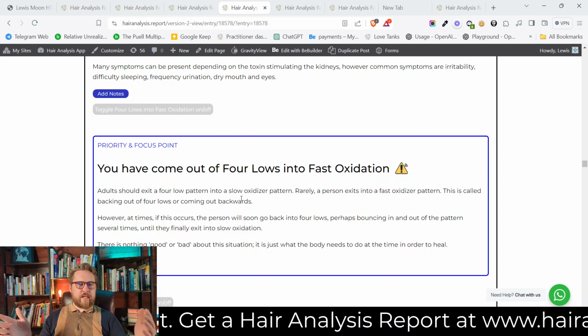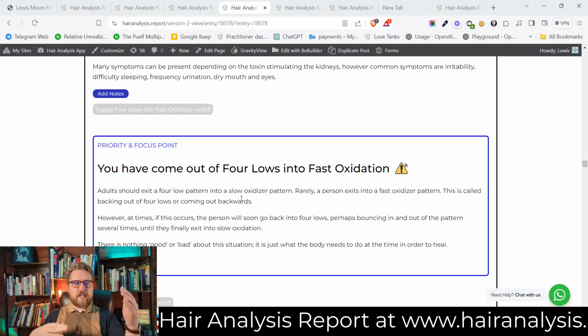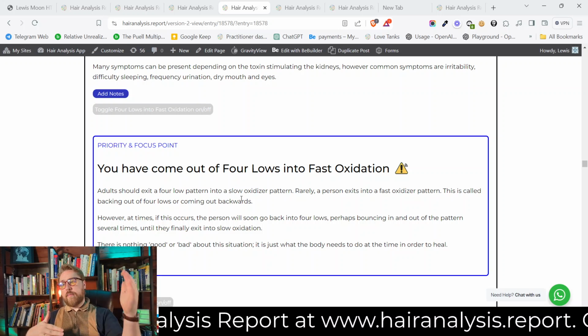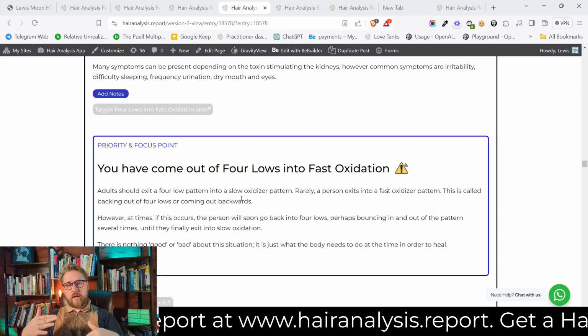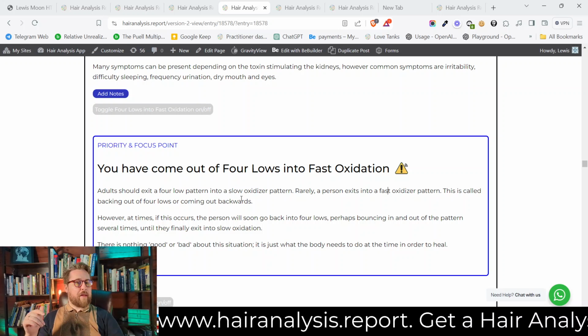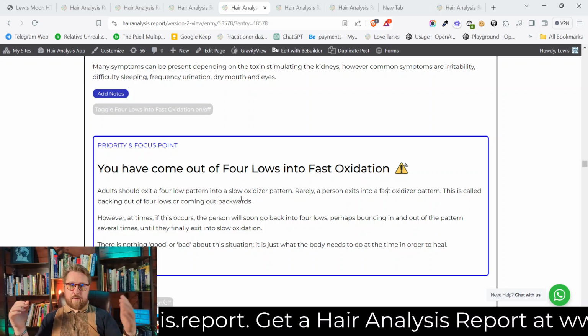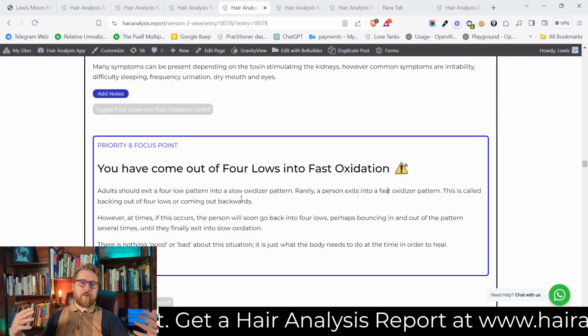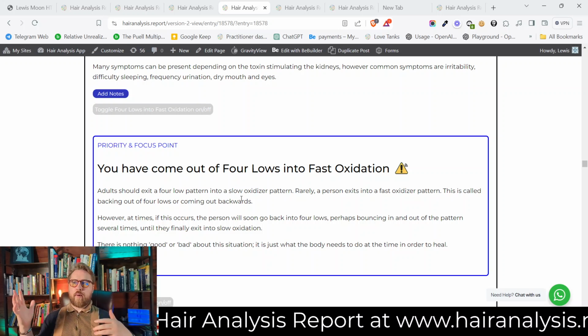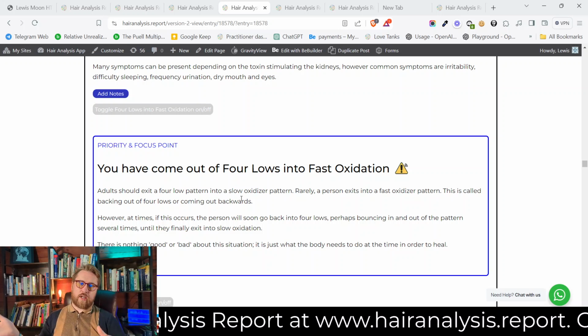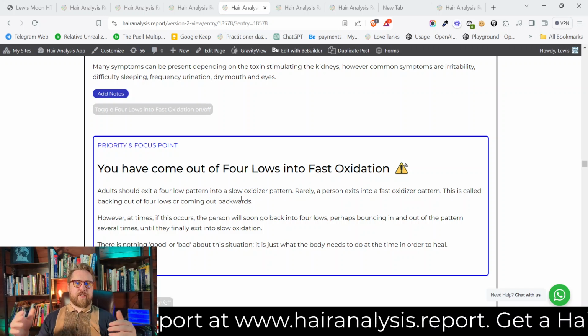This is just something the body needs to do in order to readjust and heal itself. You might come out of four lows into fast oxidation, then back into four lows, and then into fast oxidation. I've seen some people do that three or four times before the body actually resolves itself and comes out of four lows into slow oxidation, and that's where it'll stay.